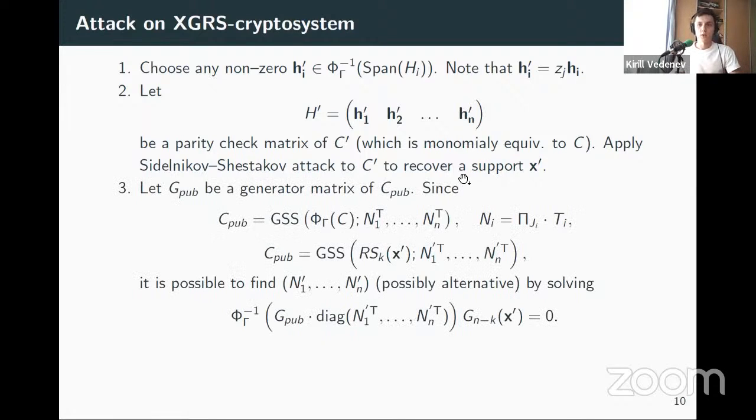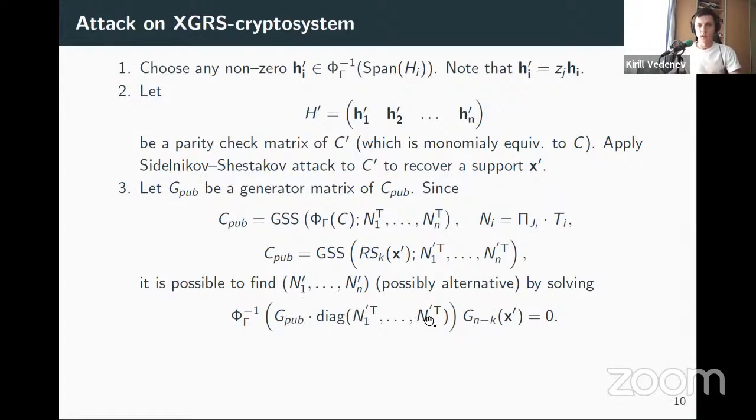So it remains to recover the matrices M. First we notice that the public code is the short representation of a generalized subspace subcode, and hence we can try finding the matrices M by solving this linear equation.